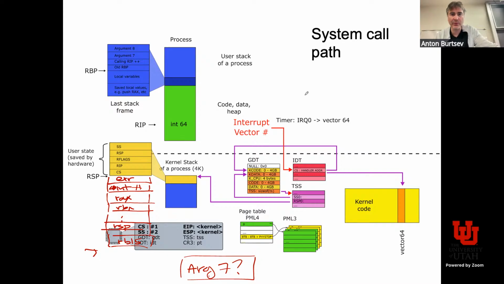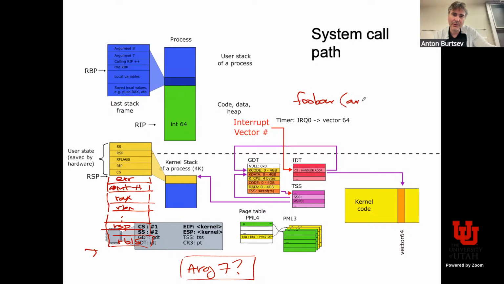So for example, when you invoke a write system call, write doesn't take 7 arguments. I don't think any of the system calls in xv6 takes 7 arguments, but just for the sake of example, imagine one of them does.